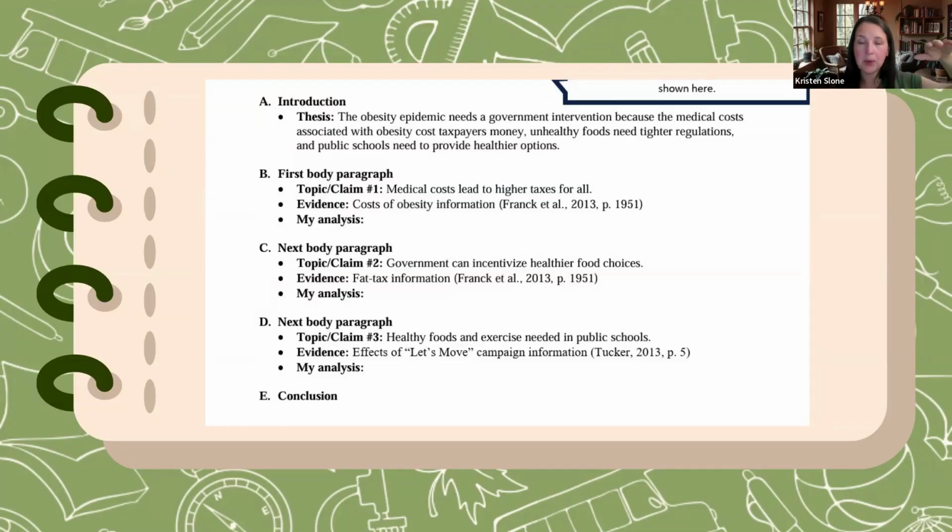And remember, we want to list these claims in the same order that we have listed them in our thesis, because that helps the reader follow our line of reasoning. It helps our essay be organized. It helps the flow of ideas logically, right? We're not jumping all around. We are just following the path that we have set forth in that thesis statement.